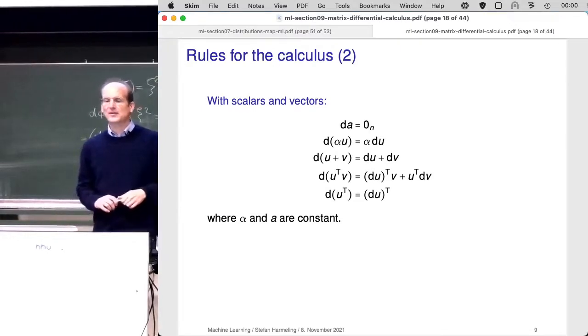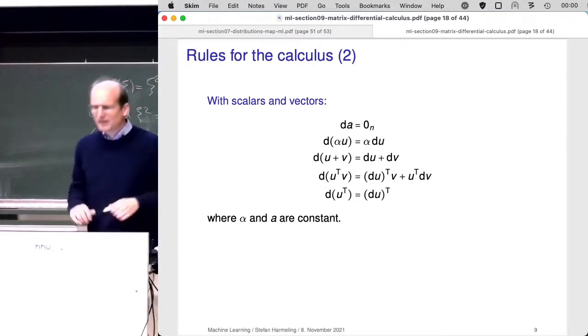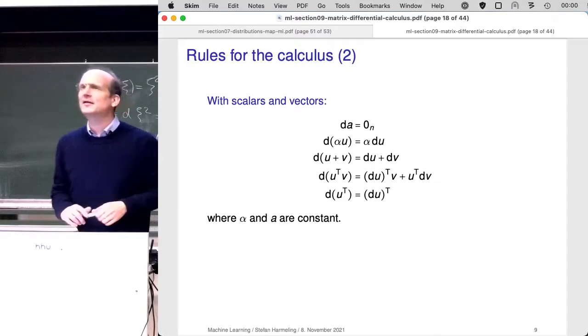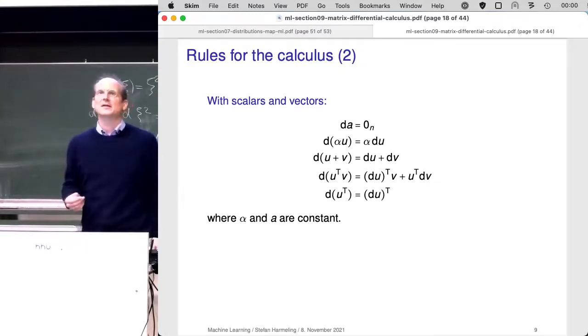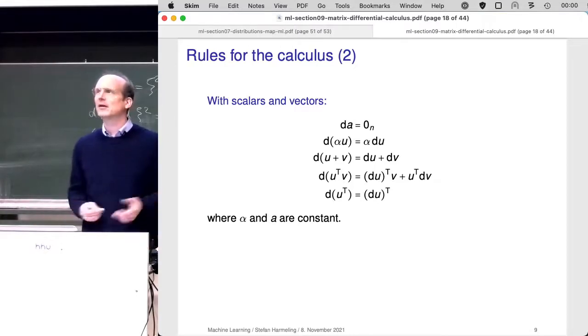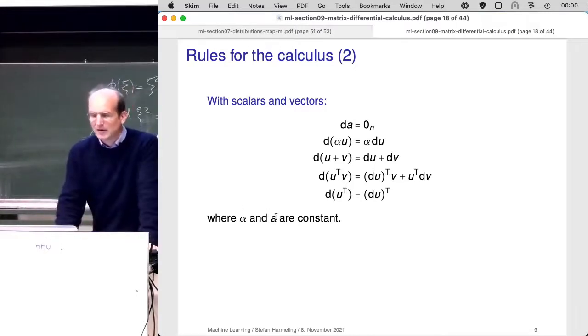Let's look at the rules for vectors. First of all, it looks like the only thing that changed is that we changed all Greek letters to Latin letters, and the rest stayed the same. So a is now a constant vector, and alpha is a constant scalar. The differential of the constant vector is 0.